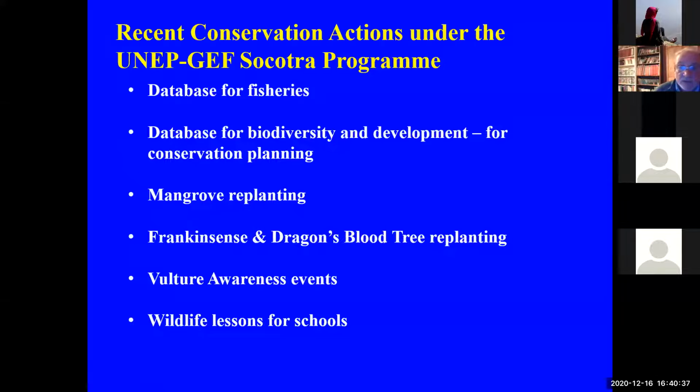And under this programme, a database of fisheries was established, also a database for biodiversity and development for conservation planning, mangrove replanting programme, frankincense and dragon blood tree replanting program, vulture awareness events, and wildlife lessons for schools, and a few other things too.